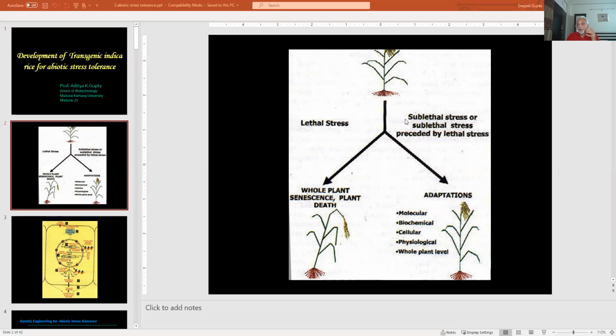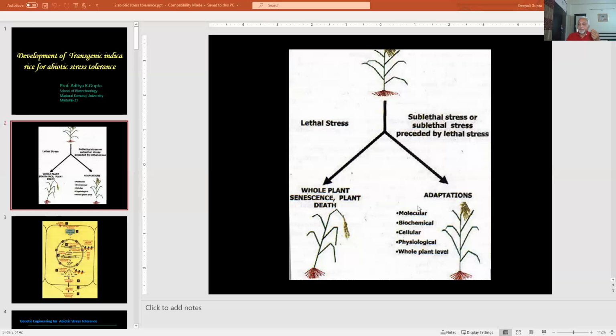Now, although the plant survives, it tries to manage, it tries to respond to those stresses at molecular level, that is at the cell level, and those cell level changes lead to biochemical changes, and these biochemical changes lead to the response at the cellular level, and when it happens in more than one cell type, then it leads to physiological response, and then whole plant level change.